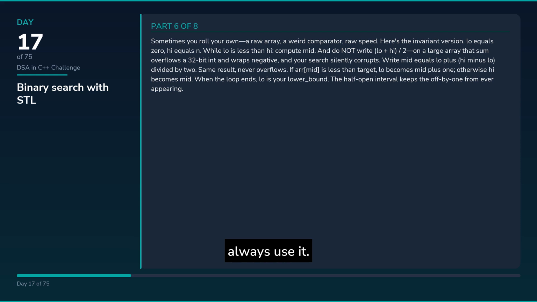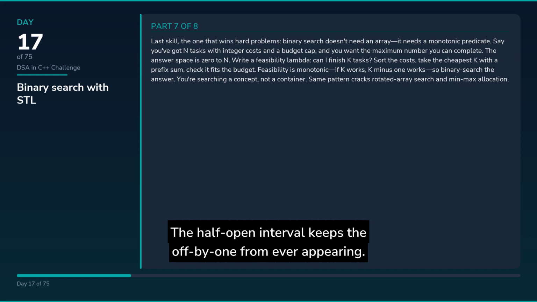Write mid = low + (high - low) / 2. Same result, never overflows. If arr[mid] is less than target, low becomes mid + 1, otherwise high becomes mid. When the loop ends, low is your lower_bound. The half-open interval keeps the off-by-1 from ever appearing.